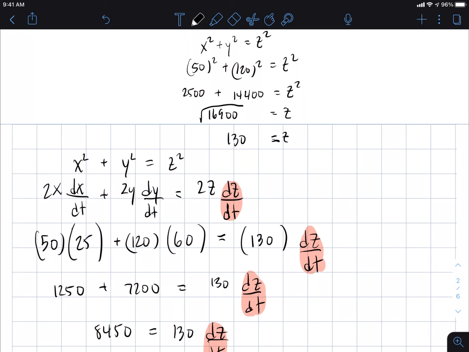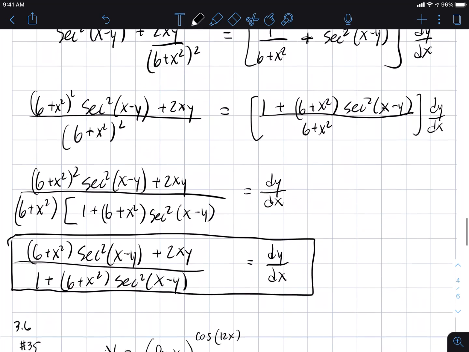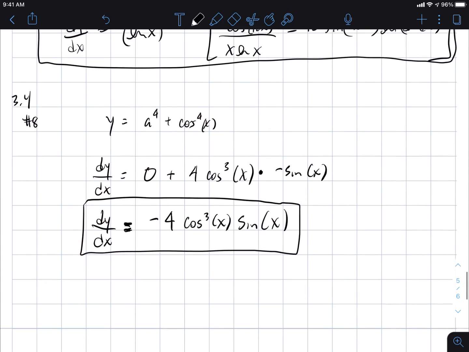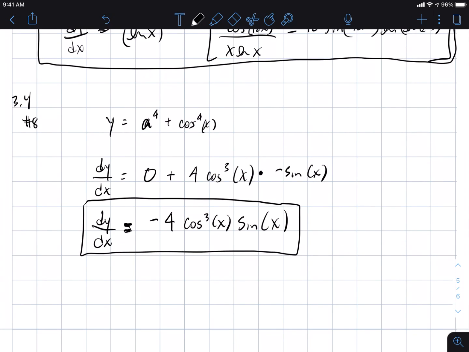So when I take the derivative of each one of those, it is understood to have some dependency on x, and so they must be done implicitly. This problem that we just did, we're treating a squared as the general a to the 4th as any number to the 4th plus cosine to the 4th x.